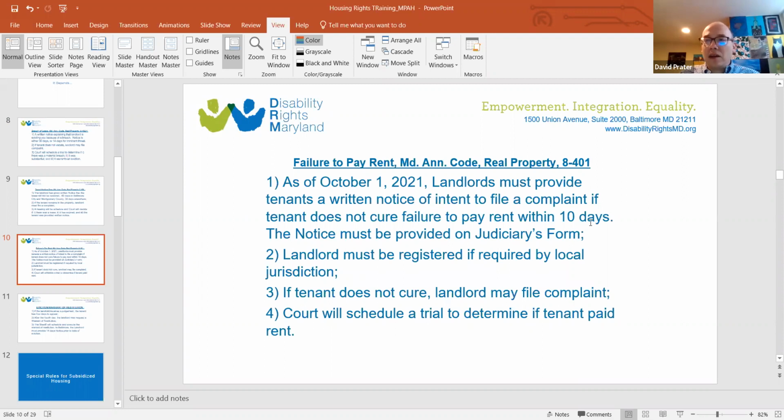Let me think through that. I think that if the lease allows for 10 days before rent is due, that 10-day grace period, then the landlord would need to wait for that grace period to expire before they could send this notice of intent to file a complaint. Because basically the parties have agreed, you know what, I get the first 10 days of the month to pay rent.